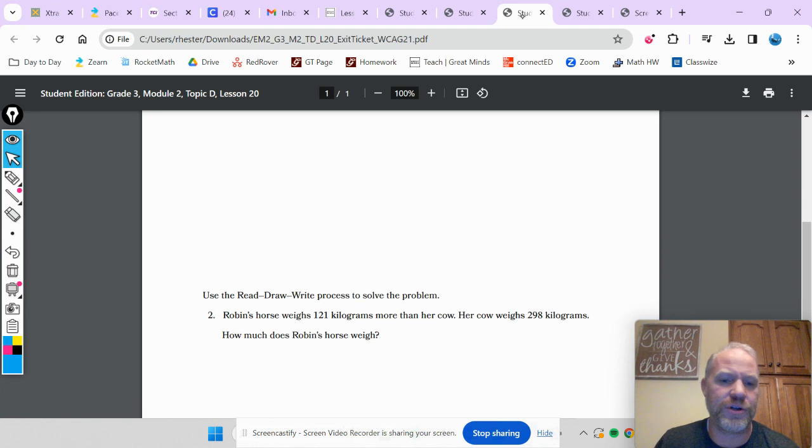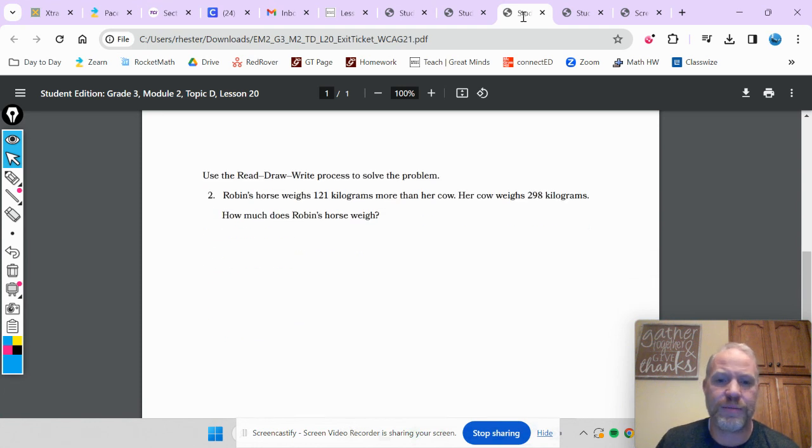However you do it, make sure you do it. And then down here, same thing, read, draw, write, 121 kilograms more than the cow. So the cow plus 121. So you're going to add them up, show how you did it, and write your answer. How much does Robin's horse weigh? The horse weighs blank. Don't forget your kilograms.